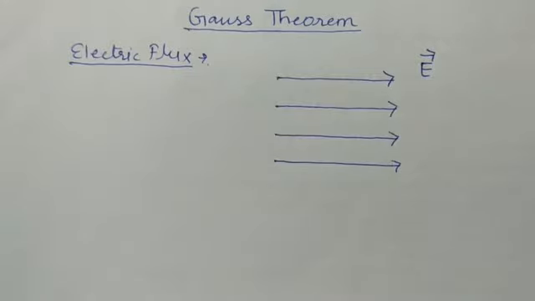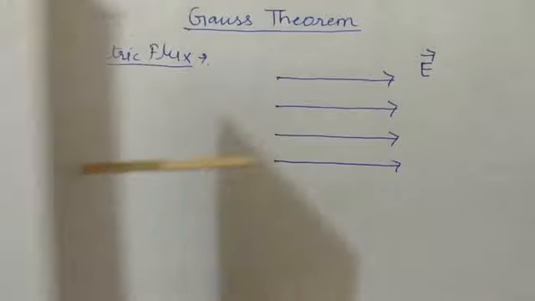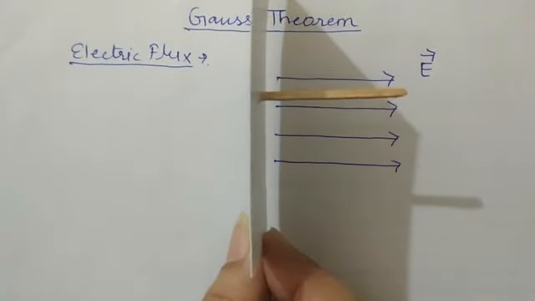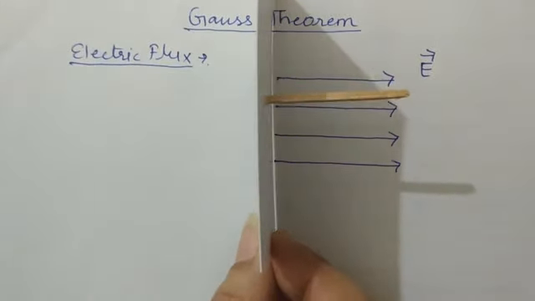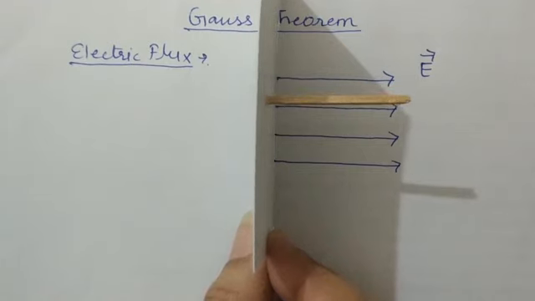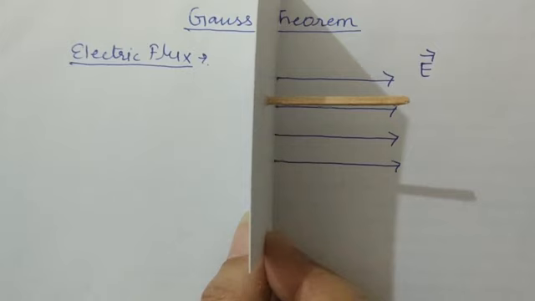Now, if the area is placed in the path of this electric field, like this, then we can see that all electric field lines are passing through this area perpendicular to it, and the area vector is parallel to the electric field line.